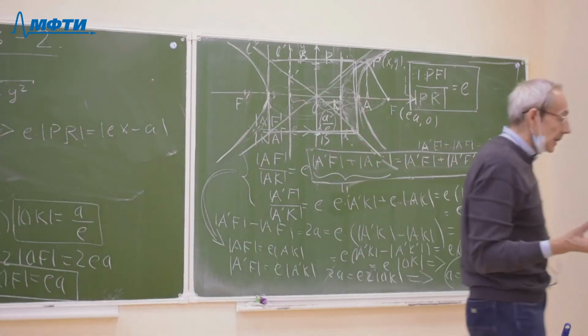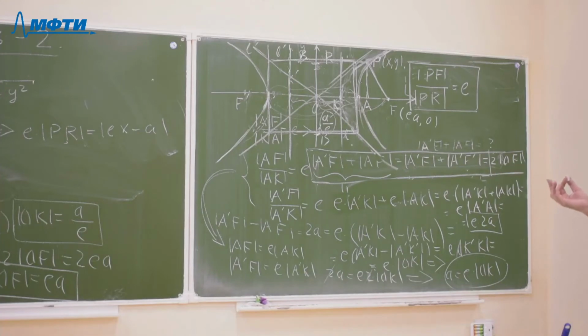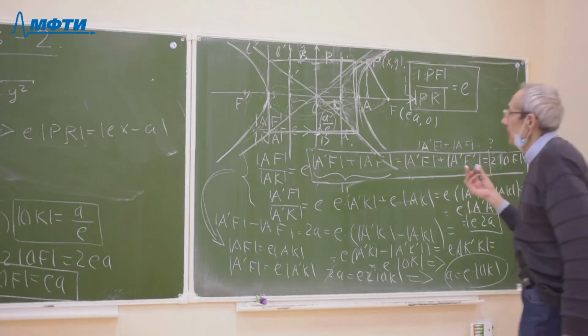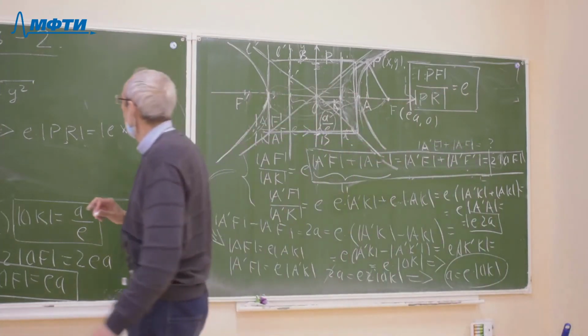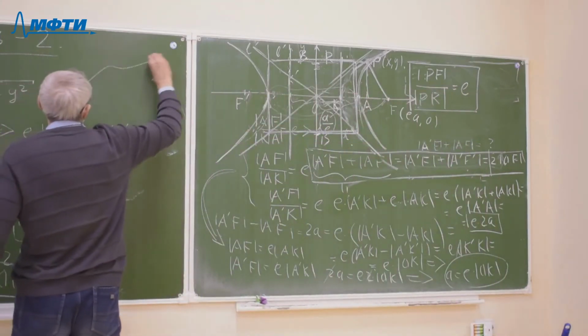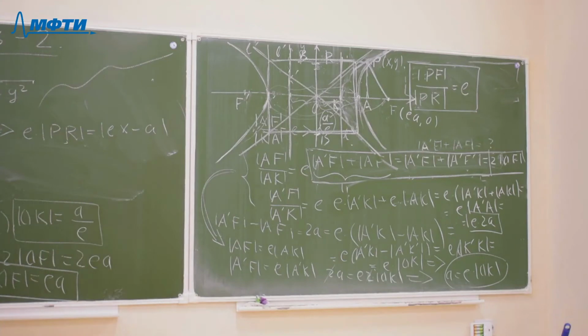What does the term asymptote mean? The asymptote is such a straight line. We have an arbitrary curve in the plane.